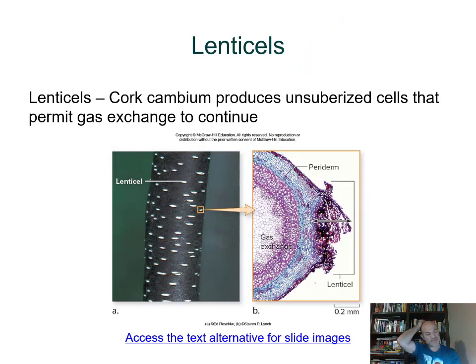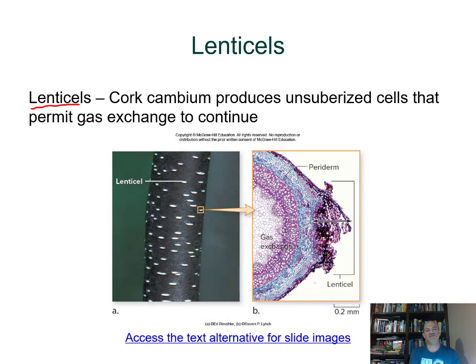So there are cells underneath, and if you completely waterproofed your bark, then those cells would not be able to get any oxygen or get rid of their carbon dioxide, because if water can't pass through a structure, then neither can these gases. It's going to be hard for them to penetrate. So in that case, these little openings are left in the bark called lenticels.